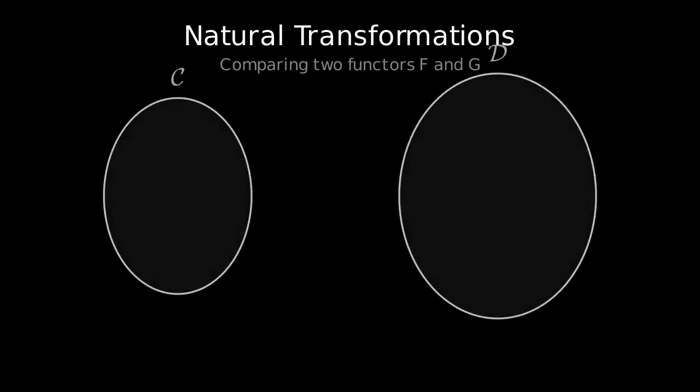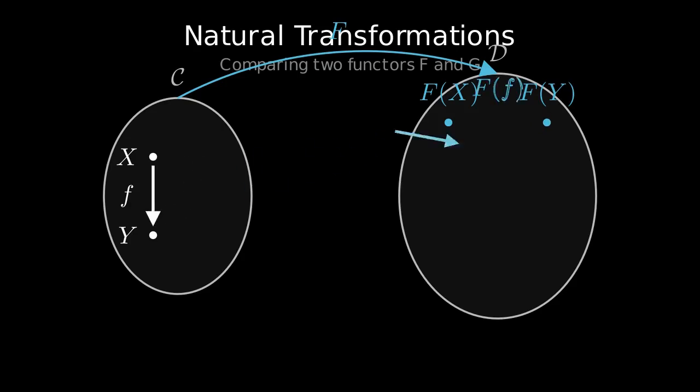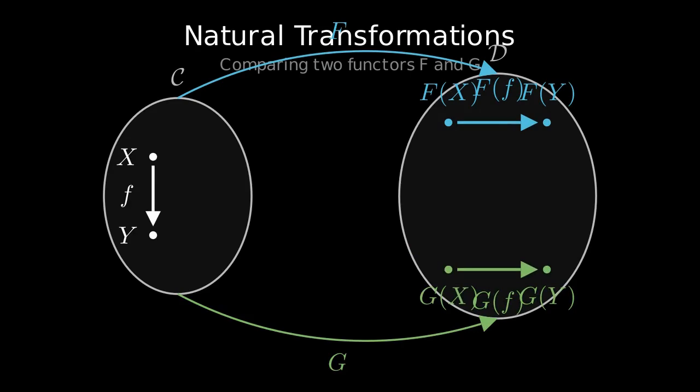Suppose we have a source category with two objects and a morphism in it. So x and y are our object and f is the morphism. Functor f and functor g is our two functors.